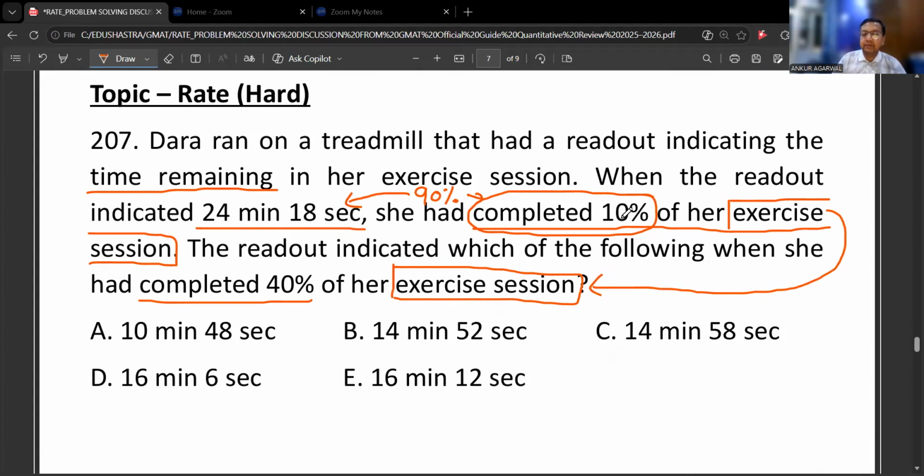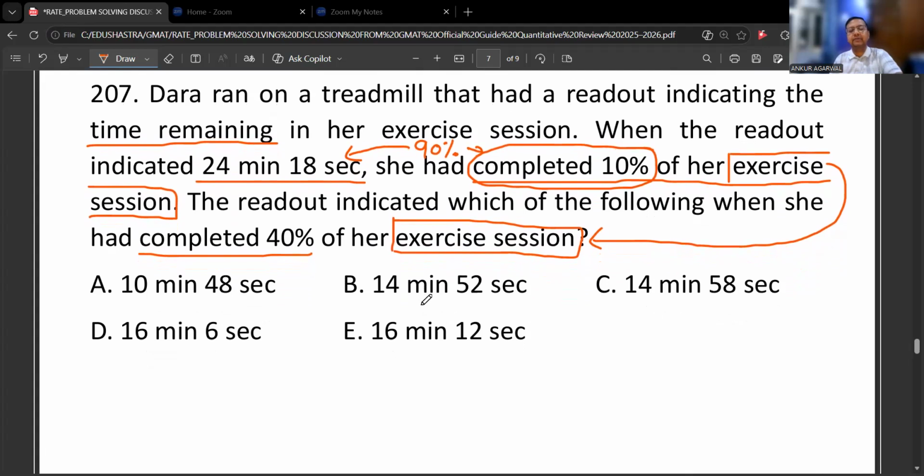So the 10% and this 40%, both percentage values are calculated over the same base, right? This is a very critical point here. 10% and 40%, both values are on the same base because this is saying what? Exercise session. Okay, done. No worries.